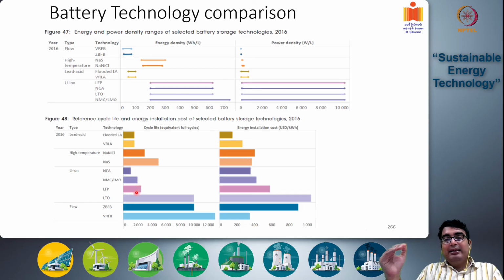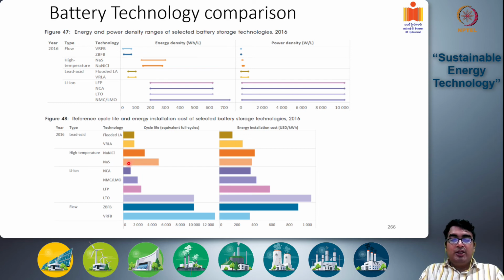But for lithium ion, there are variants which have good cycle life, though they are expensive. So if you want to go for high cycle life, that is an advantage you can get from certain types of lithium ion batteries as well. High temperature batteries have good cycle life as well, not as good as the flow batteries, but still good. Lead acid batteries have some of the lower cycle lives, comparable to lithium ion batteries in some cases.